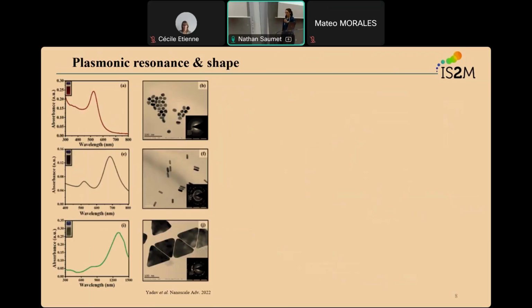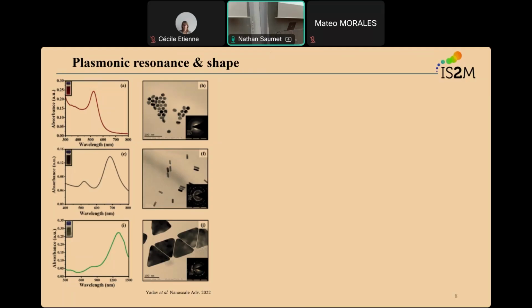Of course, today we can do chemistry to synthesize all of these particles. So we can create spheres with resonance in the visible, so at 532 nanometers. So in solutions, they appear red. We can synthesize rods. Rods are particularly interesting because they display two resonances.